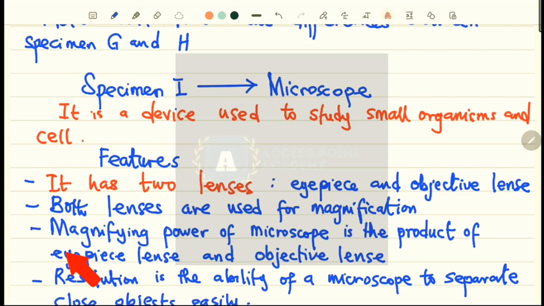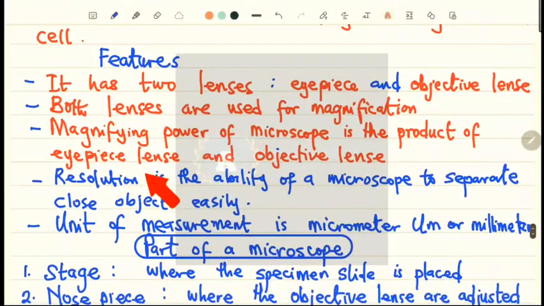It has two lenses, the eyepiece lens and the objective lens. Both lenses are used for magnification, to magnify an object. Then the magnifying power of a microscope is the product of the eyepiece lens and the objective lens. That is very essential if you are to calculate the magnifying power. So you have to multiply the eyepiece lens magnification by the objective lens magnification to get the magnifying power.